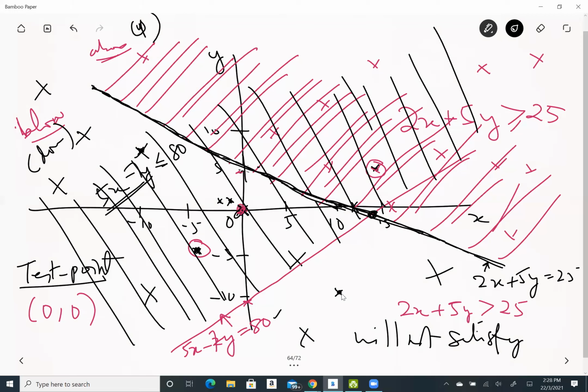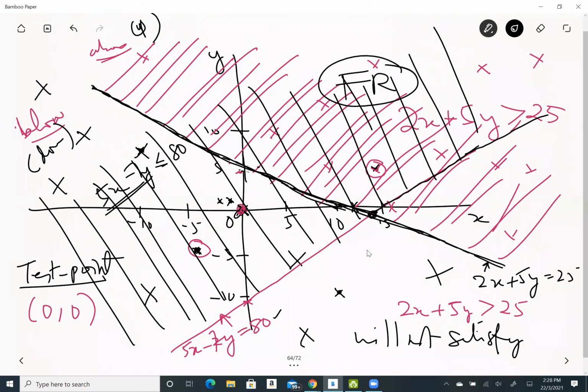And from there, it is bordered by the other line, 5x minus 7y equal to 80. Therefore the area above this line, we call the feasible region or common area. So label the area FR.